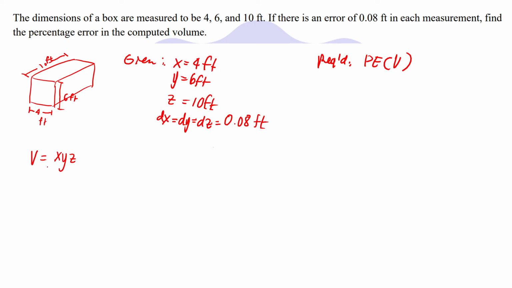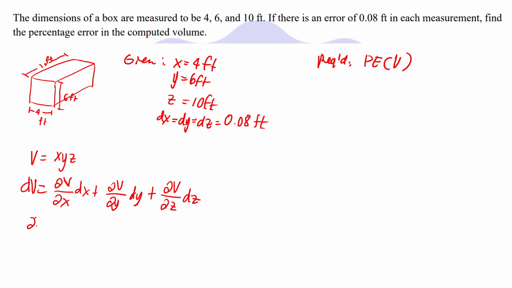But in this case, since we're in the module of partial differentials, let's use partial differentials to solve for the error or to find the approximate increase. Okay, in this case, that's partial of V with respect to x, dx plus partial of V with respect to y, dy plus partial of V with respect to z, dz.